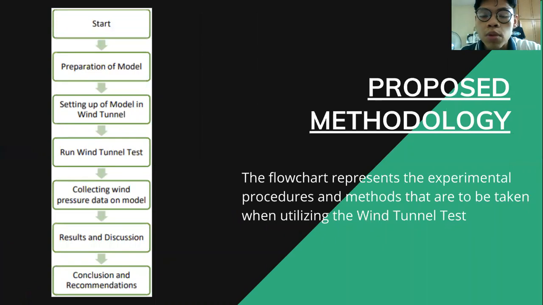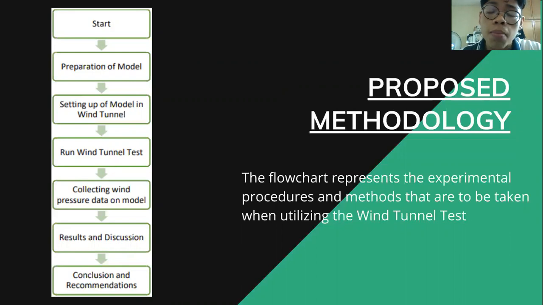So here is the proposed methodology that will be used in FYP2. At the start of the next semester, we will have all our models and wind tunnel tests planned.